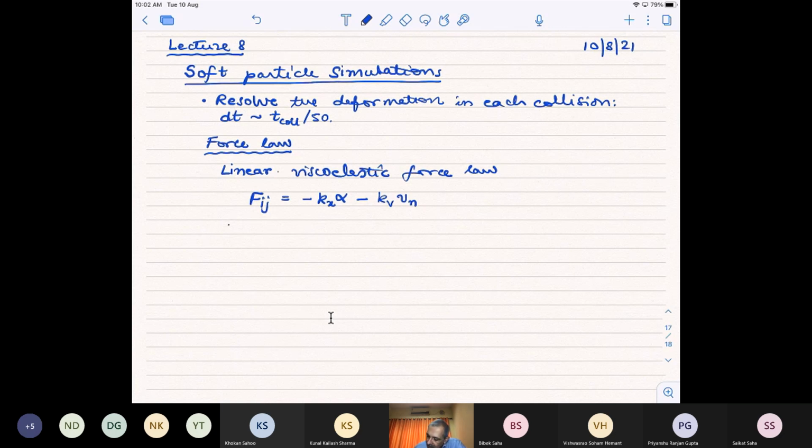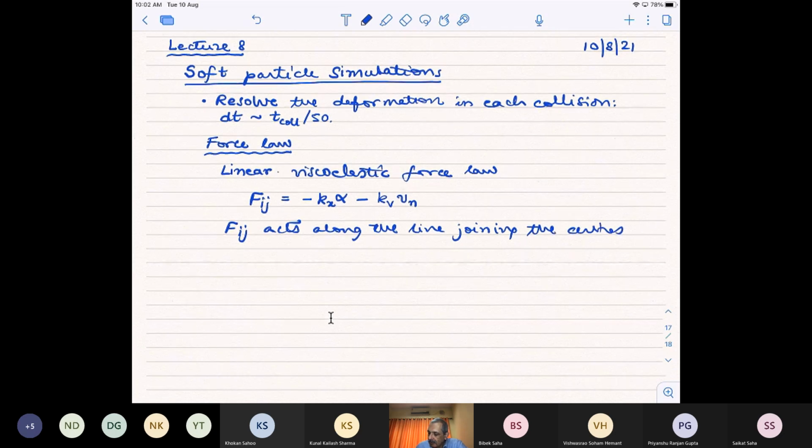And what we say is that Fij acts along the line joining the centers of the colliding particles. So basically, if you have these two particles which are colliding, Fij is going to act in this direction along the line joining them.